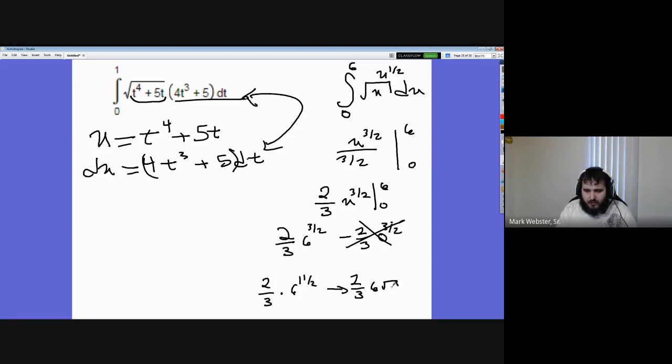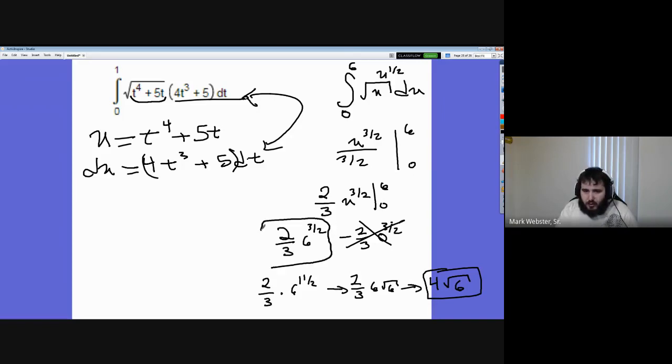And then the 1/2 is just radical. And then you can cancel. 6 divided by 3 is 2. So this actually simplifies very nicely into 4 radical 6.